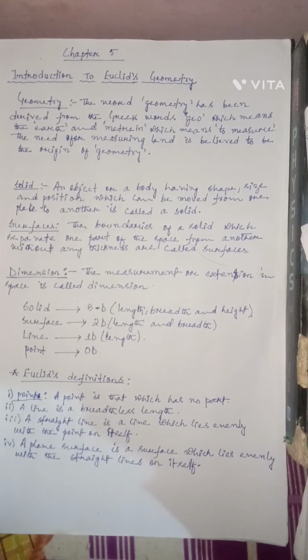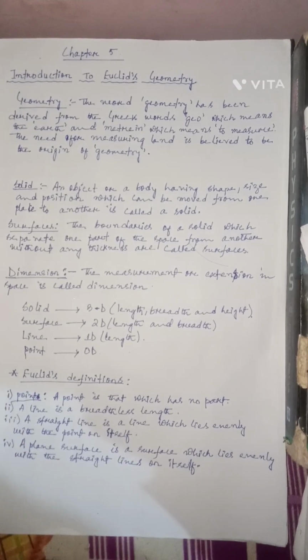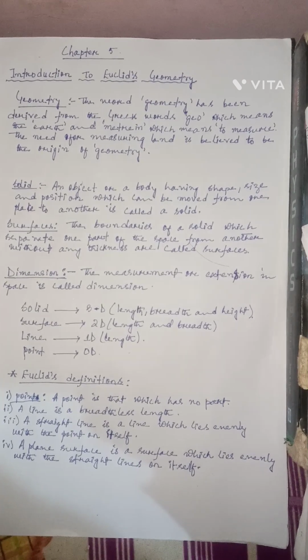Geo means earth and meter means to measure. Then we can refer to it as the need for measuring a length is believed to be the origin of geometry, right? So if you read the definitions, then easily you can understand it. There's no doubt in that, right? Then let us move to the next.